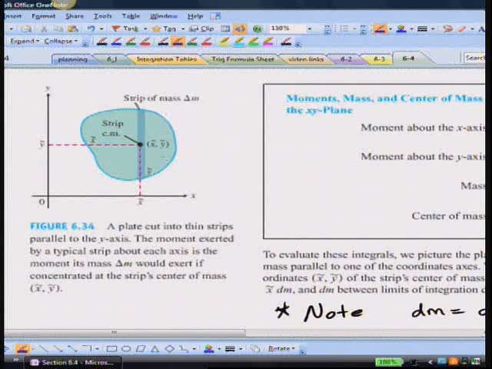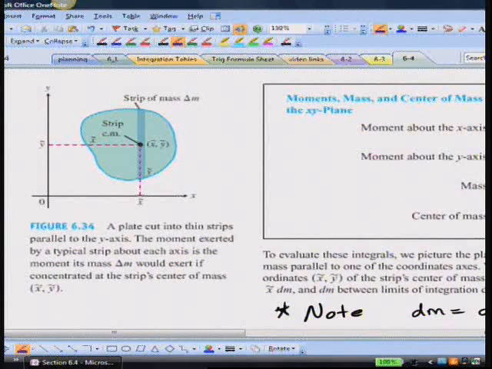So we're going to have all these little strips. You can actually have your strip going along as a vertical strip or a horizontal strip, depending on which is easier to integrate. It's up to you, depending on the situation. But what we want to do is think about the moment exerted by a typical strip about each axis, which is the moment its mass would exert if concentrated at the strip's center of mass.